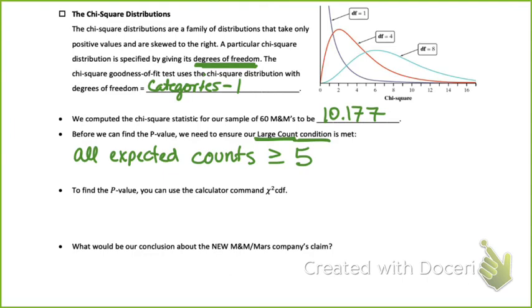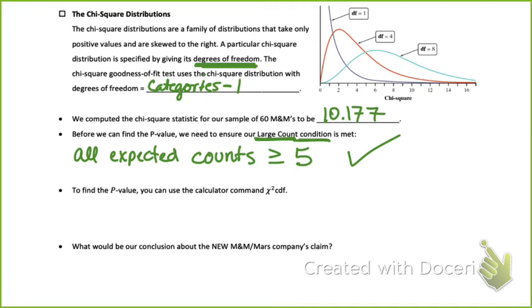If you look back at the chart, all of our expected counts were bigger than 5? Okay, perfect. So we're good to go, you guys. We can now find the p-value. Let's do it.